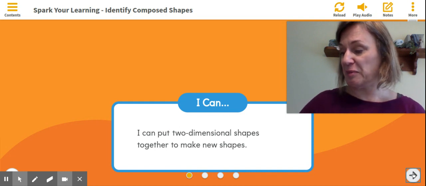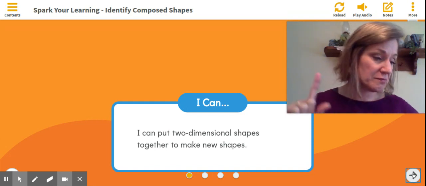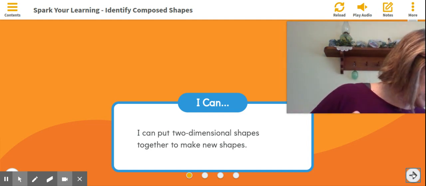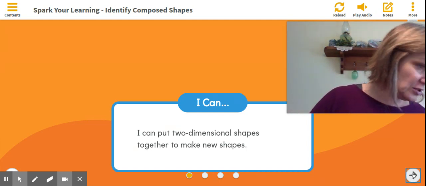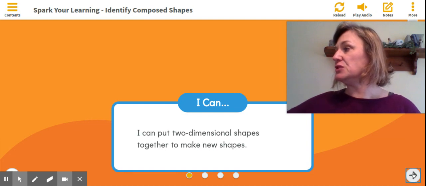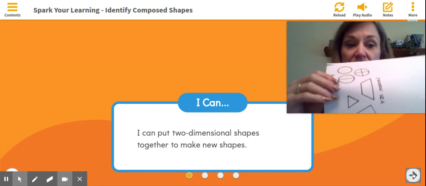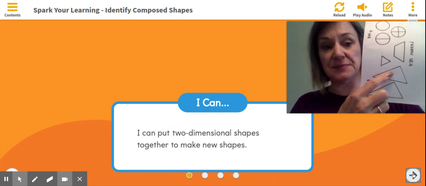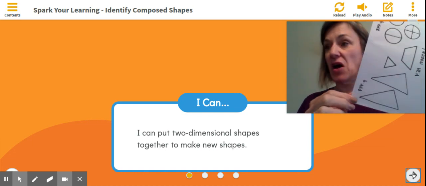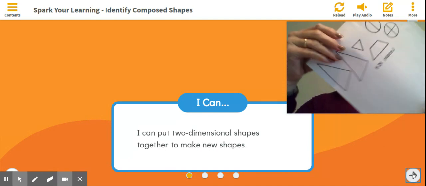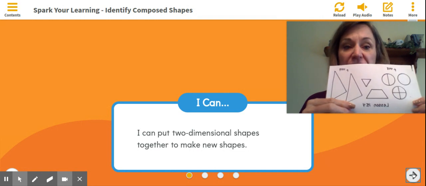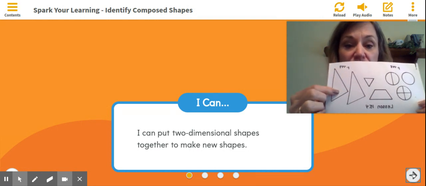Then at the bottom of the page, show how to combine 2 triangles to make a rectangle. This one is a little bit tricky because you don't have triangles that look like that. You could use these that you have on the back of the 15.4 page. You could use those 2 triangles.